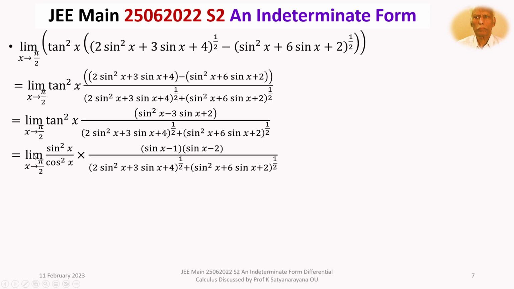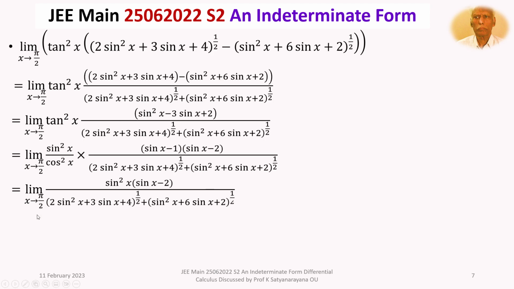Now what we observe is, as x tends to pi by 2, sin square x is not 0, sin x minus 2 is not 0, and the denominator is not 0. Whereas as x tends to pi by 2, sin x minus 1 is 0 and cos square x is 0. So we write the limit of the product as the product of their limits.